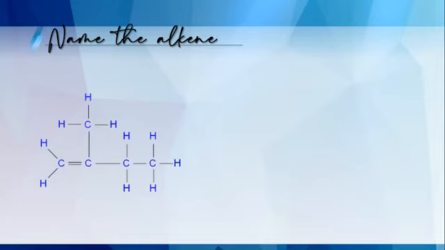All right, let's try this one. Okay, so we have an example of a molecule over here. Step number 1, identify the longest chain. I believe this one is very similar to the first one. So the prefix is but, because there are 4 carbons. 1, 2, 3, 4.